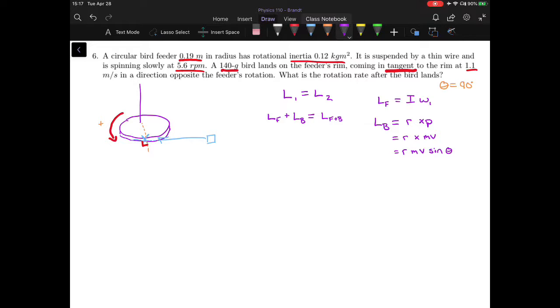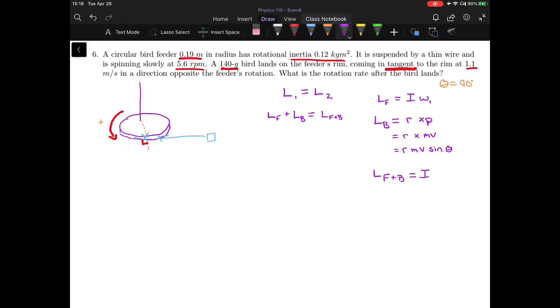So now, lastly, we need to find the angular momentum of the feeder plus the bird. In this case, after the bird lands, we have an object and it's spinning. So that means that we have I omega, which is what we should use, omega 2, that's our final omega. And this I is the new I. This is the I of the feeder and the bird. So we need to figure out what that I is going to be.